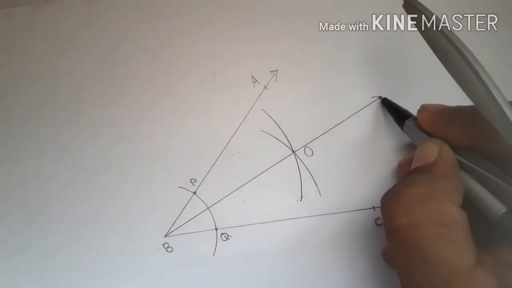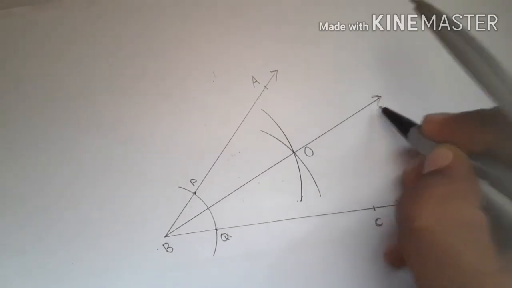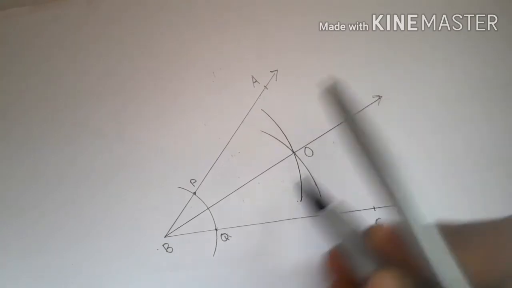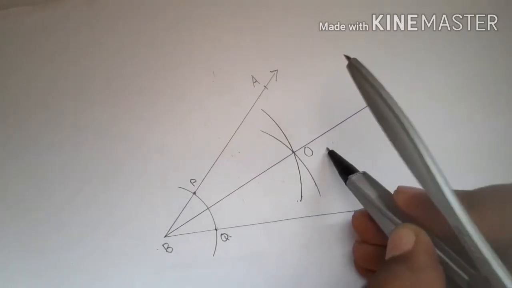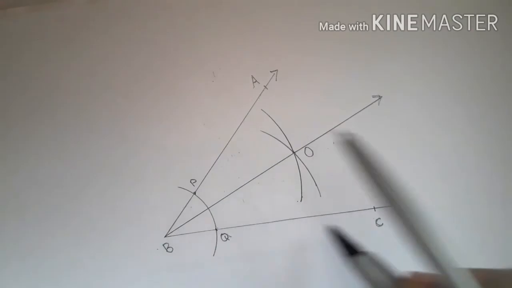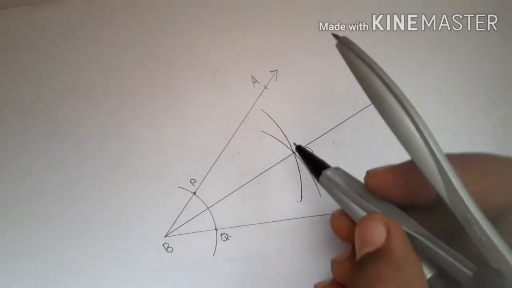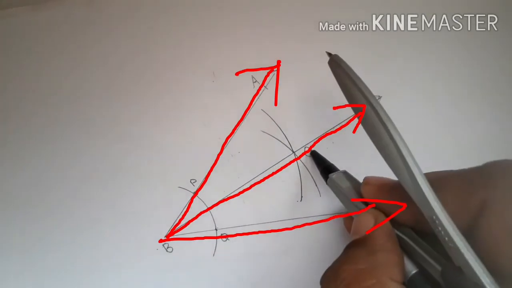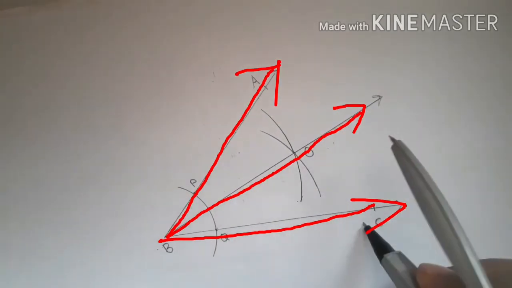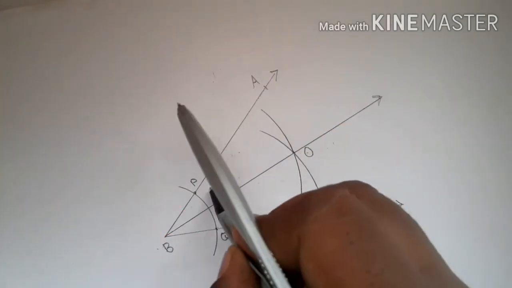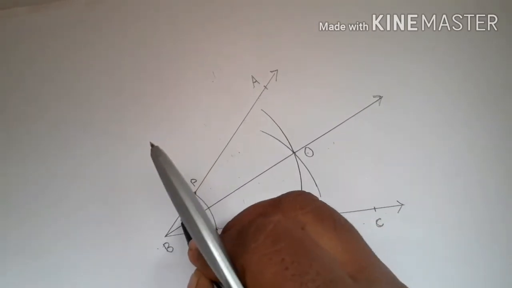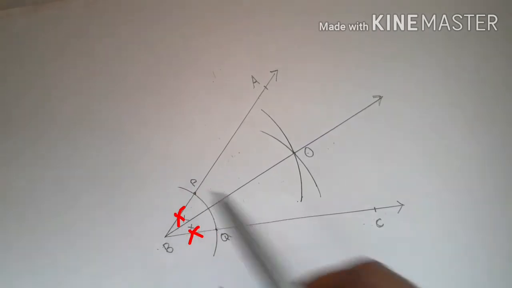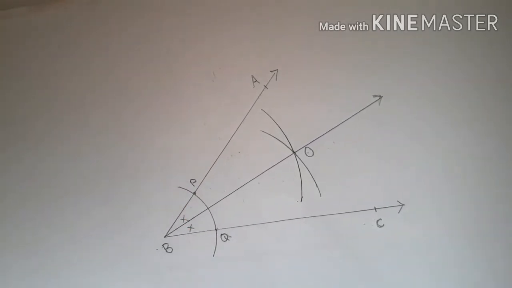Now the ray BO is the angle bisector of this angle ABC, because here we have got two angles, angle ABO and angle OBC. These two angles are equal in measure, means the measure of these two angles is equal.